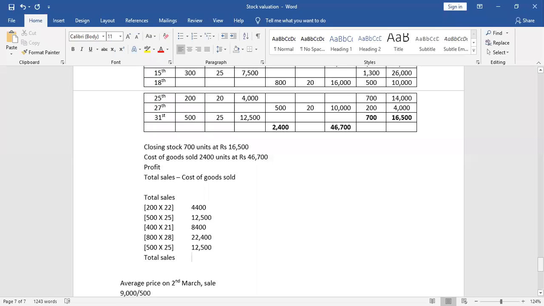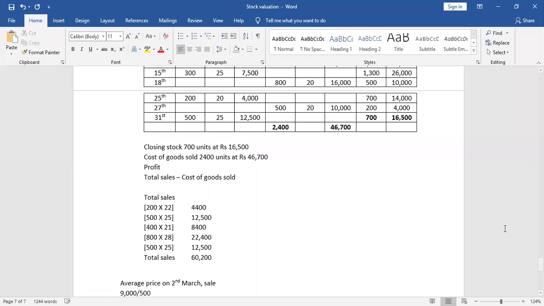How much are you getting when adding all of this? कितना मिल रहा है जब सबको ऐड करें तो? 4,400 plus 12,500 plus 8,400 plus 22,400 plus 12,500. How much are you getting? 60,200.